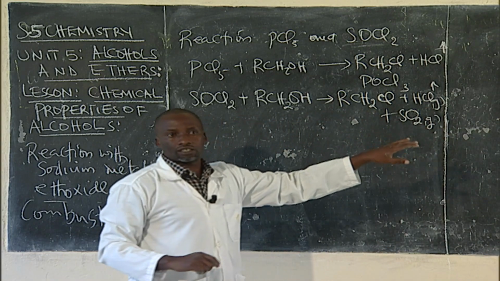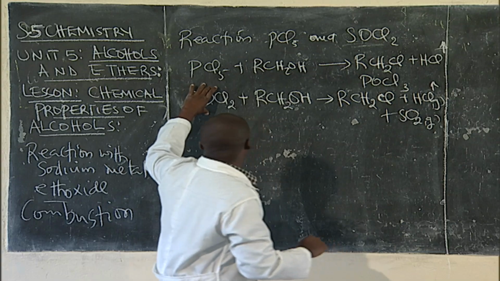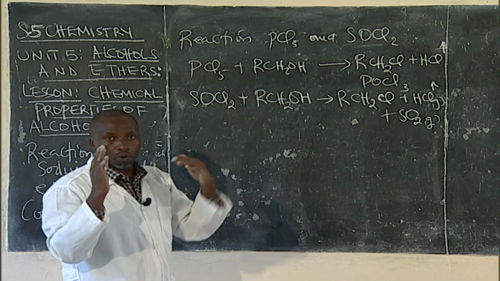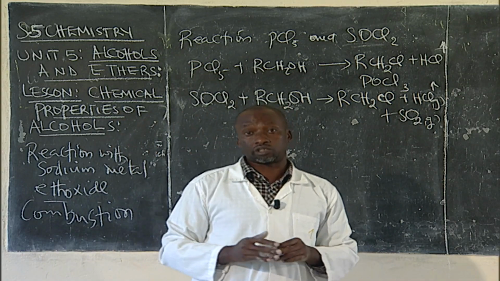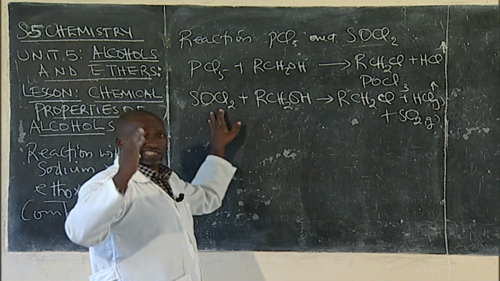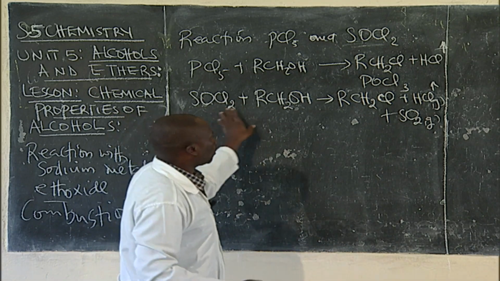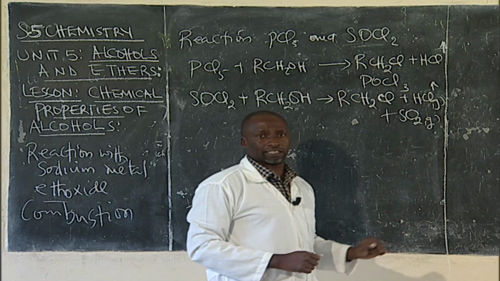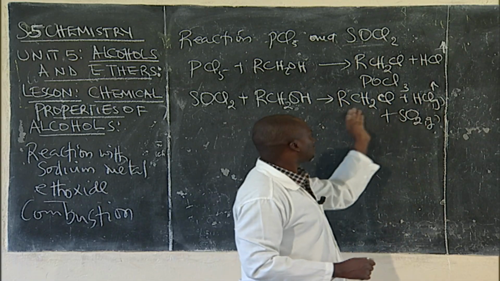What does this mean? Compared to these two reactions, I said both of them can be used to test for the presence of alcohols. But sulfur dichloride oxide is a better reagent because it produces only gases and the product.